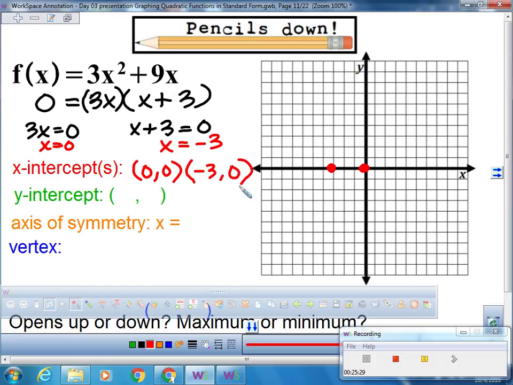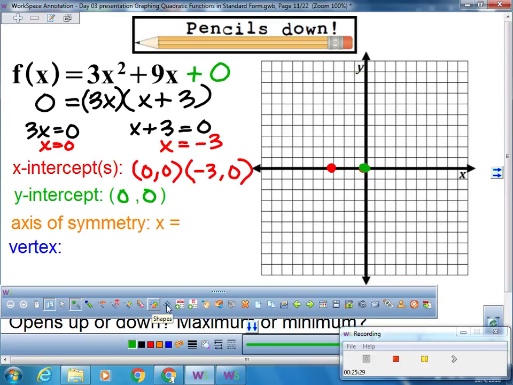Y-intercept. Do I have a y-intercept? Technically I do. There is a 0 there. So my y-intercept is also 0, 0. Do I know my axis of symmetry? It would be negative 1.5.